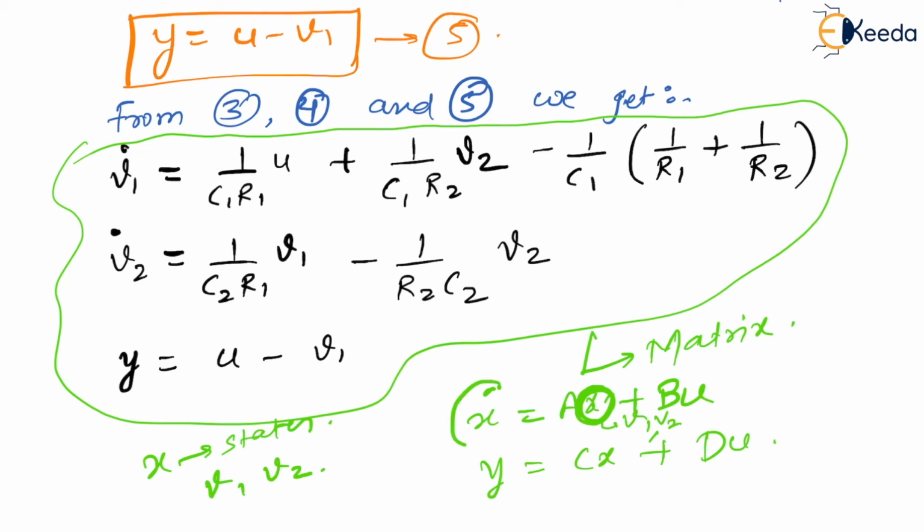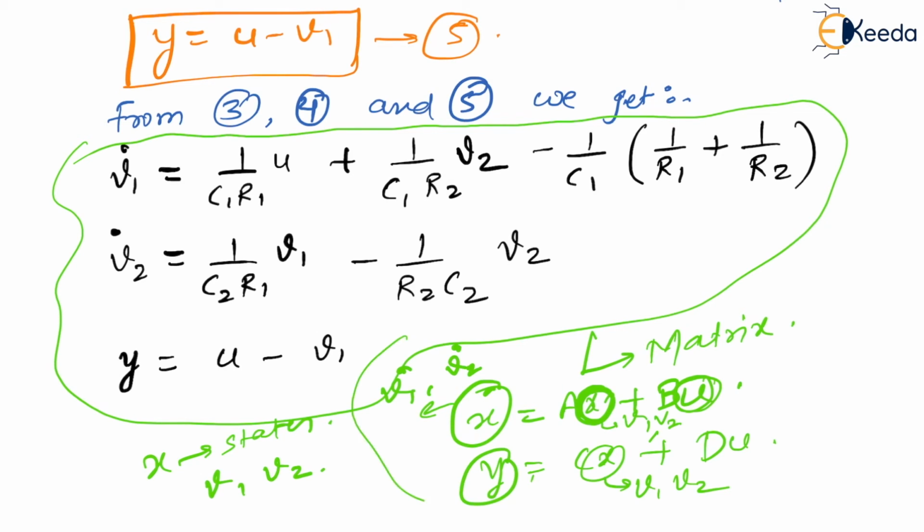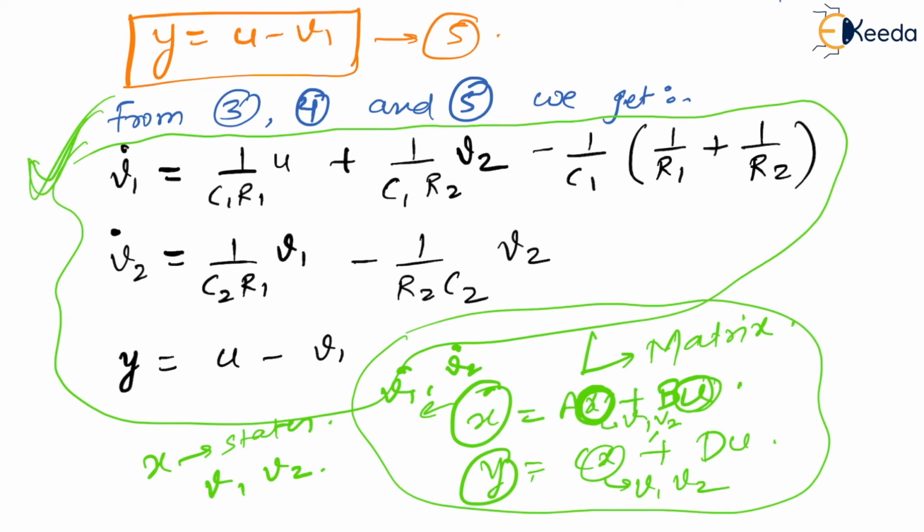In place of x dot, it is going to be v1 dot and v2 dot, and u is going to be u only, and x is the same. Here we will be writing v1, v2, and this is going to be y. So if I try to show these same equations in terms of matrix, I will show them as follows.